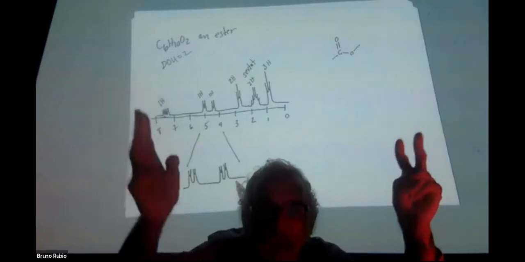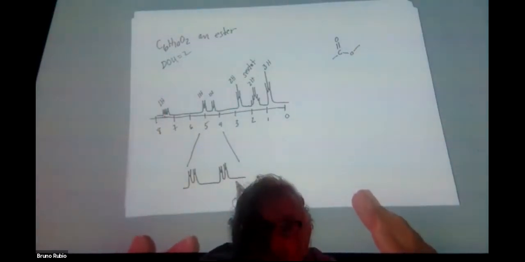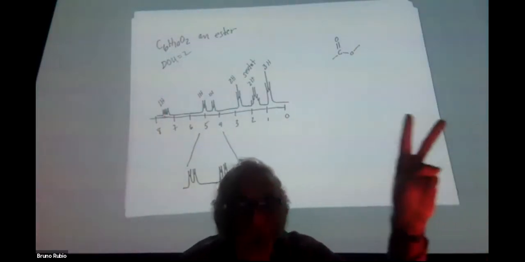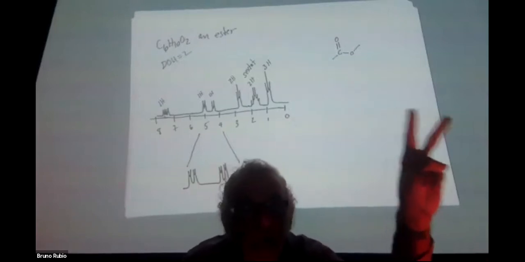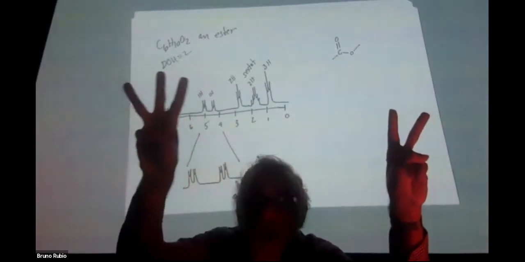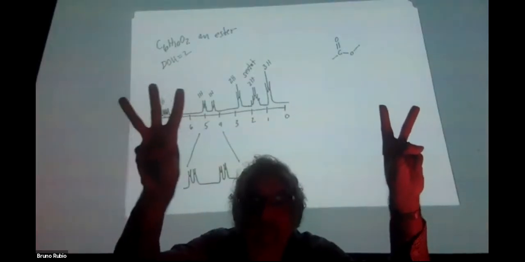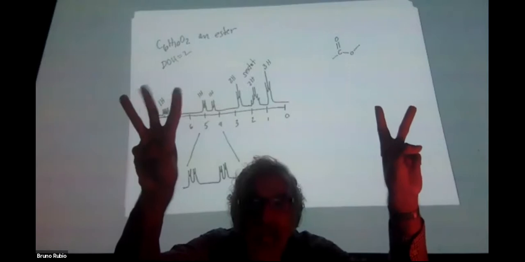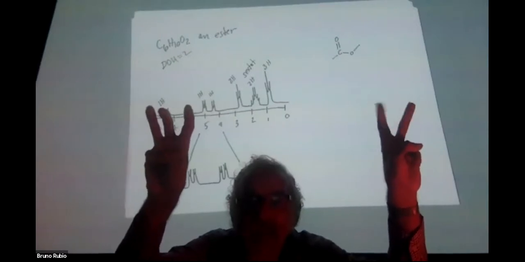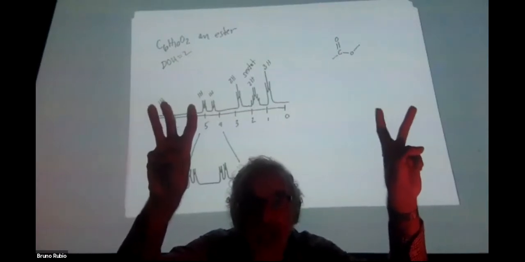But now, since we talked about complex splitting, we know there's no way that 2 protons on a carbon can ever be equivalent to 3 protons on a carbon. Just can't happen. There's no way that a CH3 can ever be equivalent to a CH2.